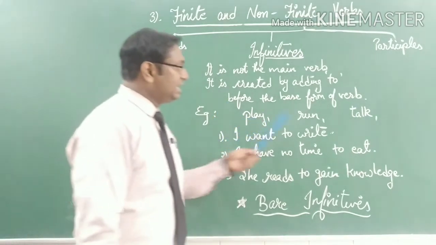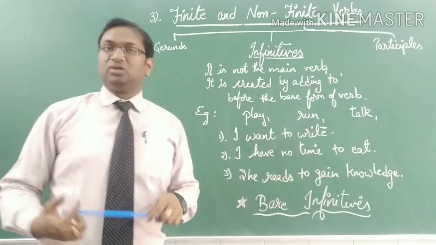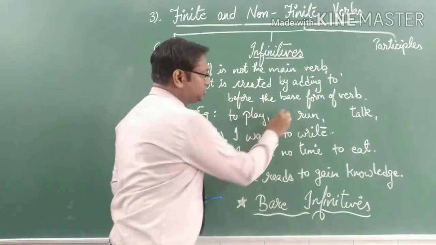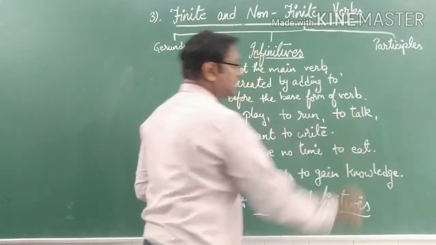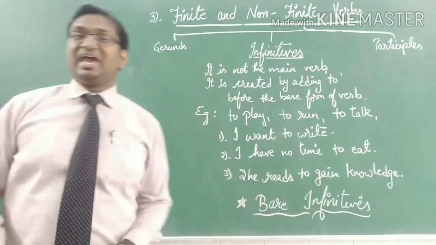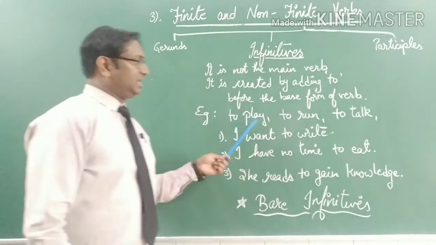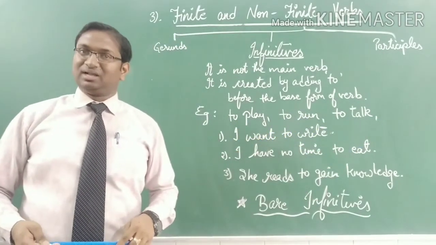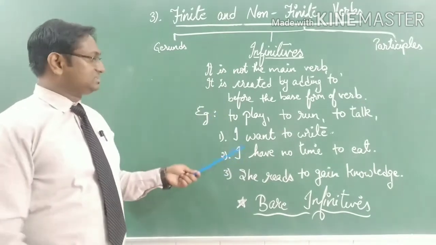Example, see, play, run, talk. Now these are base forms of verb. Before, if we use to, it will change into infinitive. To play, to run, to talk. Clear?